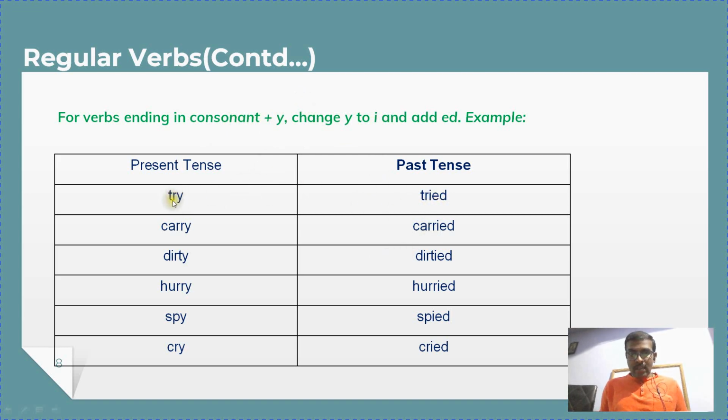So t-r-y: r is the consonant plus y, y is changed to i, and you add ed. Let me explain one more: carry. R is the consonant plus y. Change y to i, and then ed gets added to the verb. Carry, carried; dirty, dirtied; hurry, hurried; spy, spied; cry, cried.